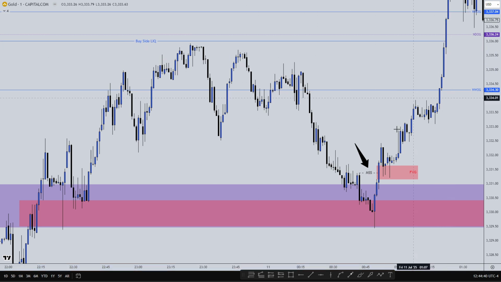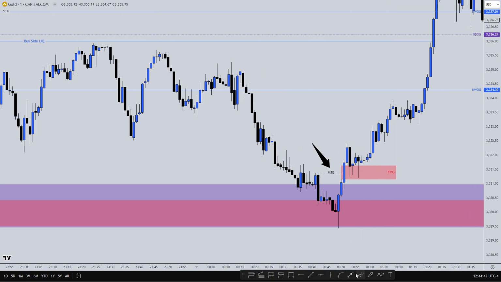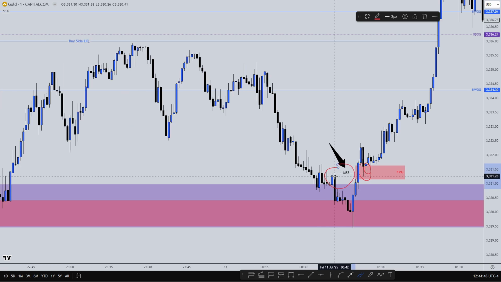You can see here how the prices did trade into the fair value gap after making a market structure shift. And before that, we were trading into the 15-minute order block and also the 5-minute fair value gap.